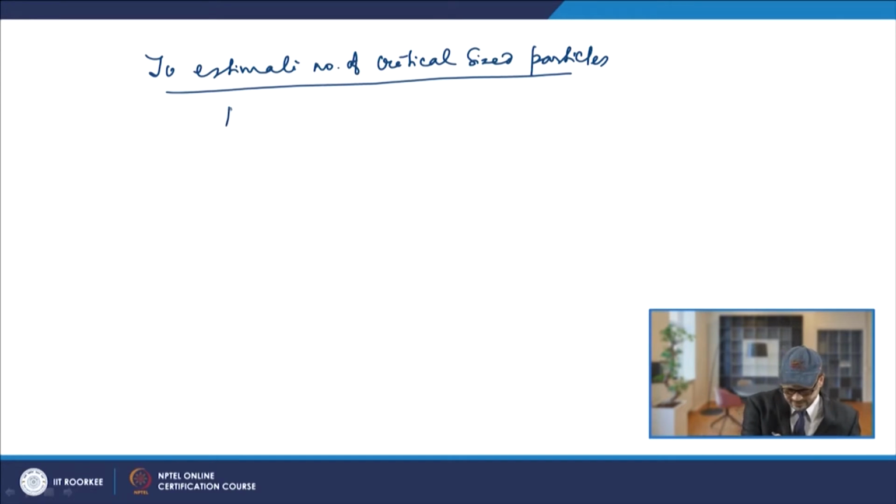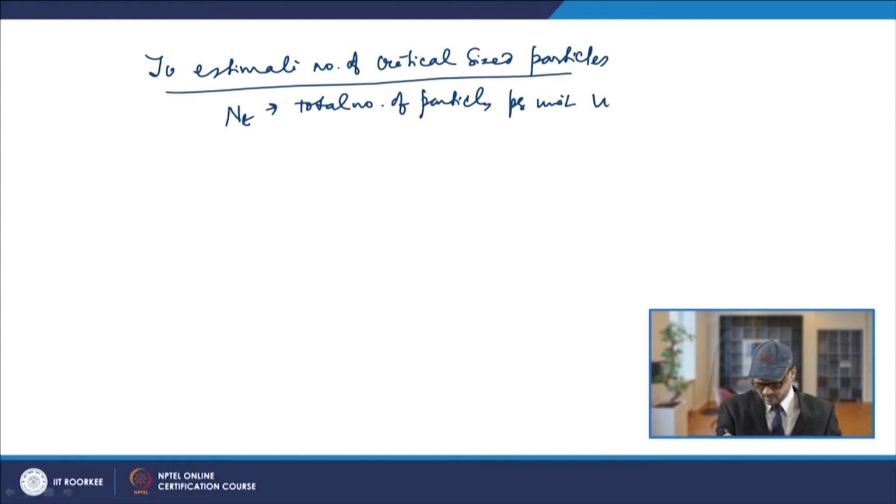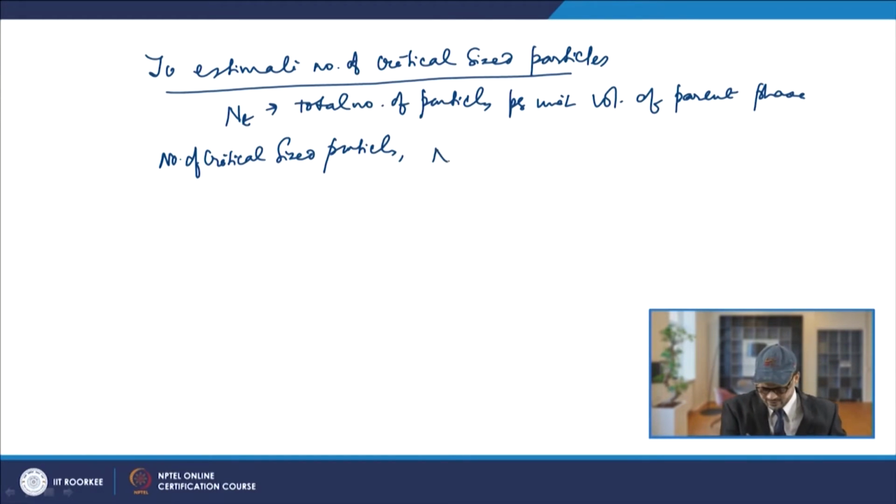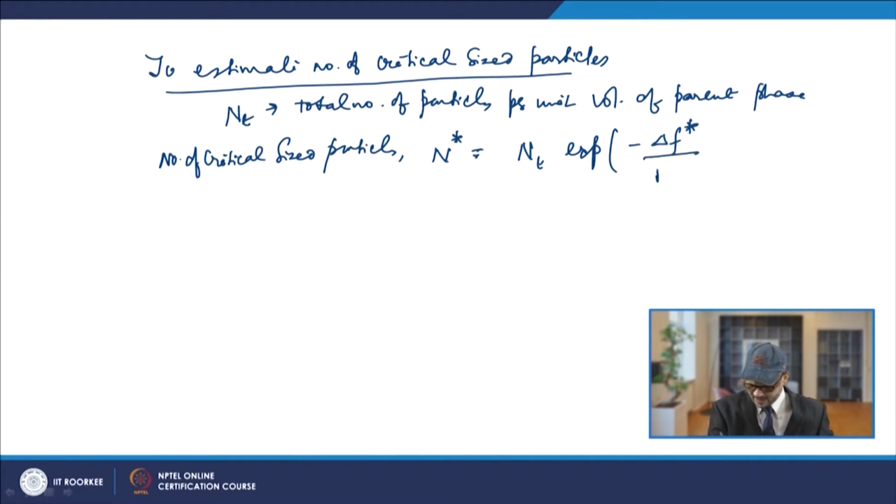So, if Nt is the total number of particles per unit volume of parent phase, in that case if you have to find the number of critical sized particles, that you denote by n star, it will be Nt times exponential of minus delta F star divided by RT.